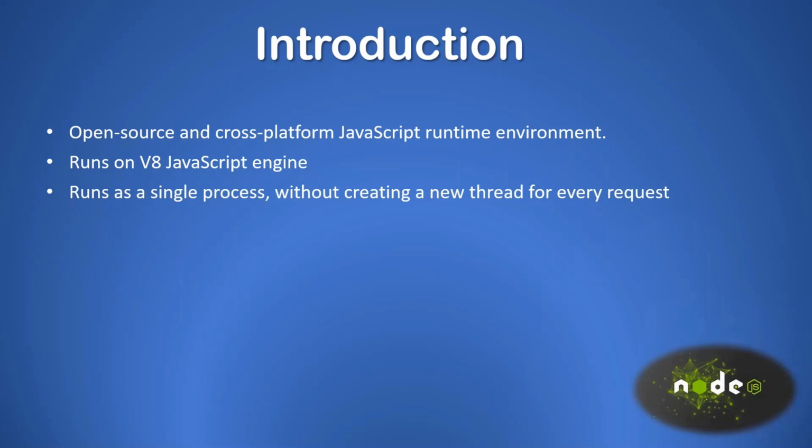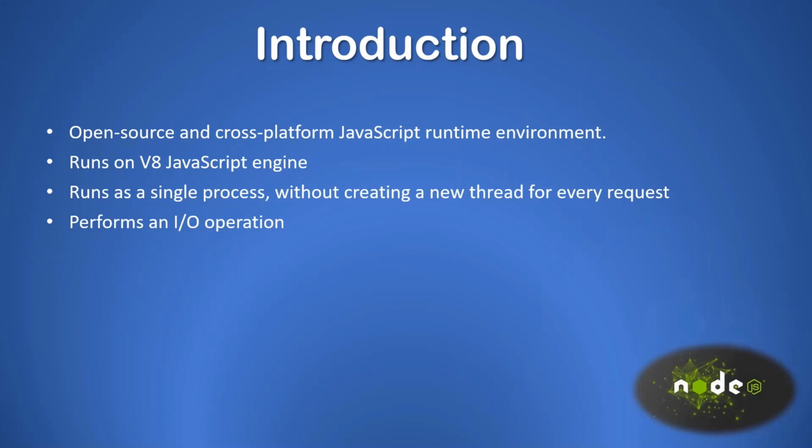It's a single process, which means without creating a new thread for every request, Node.js provides a set of asynchronous input-output primitives in its standard library. This prevents JavaScript code from blocking, and generally libraries in Node.js are written using a non-blocking methodology, which means that it doesn't block any of the code.